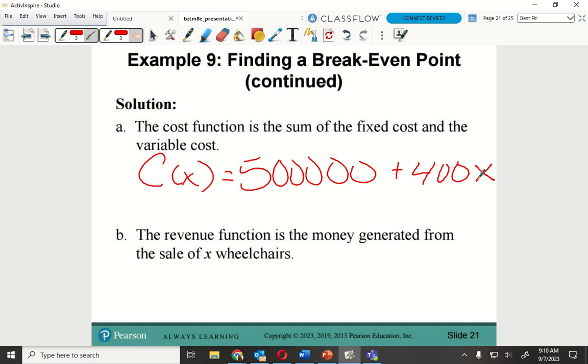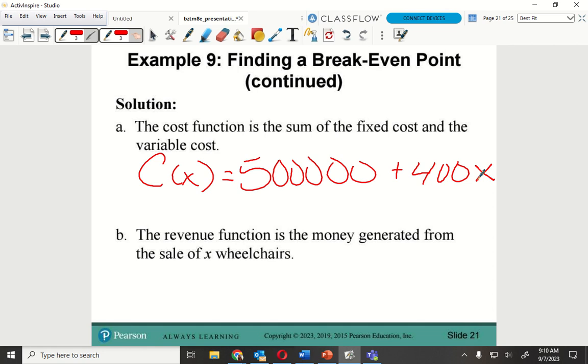So if I sell 0, X would represent 0, so I wouldn't have to pay my $400 because I didn't make any of them. But I would still have to pay that 500,000. If I make 10 of them, it would be 10 times 400, because that would be my cost. So that's the cost function of this.